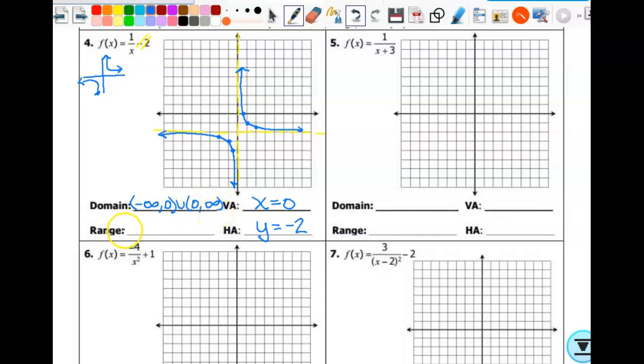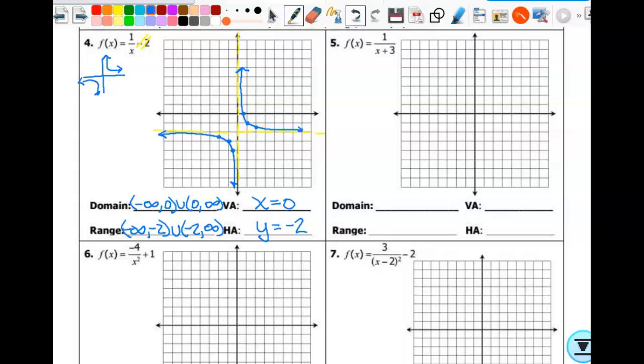The range does change though. I go from -∞ to -2, and then -2 to infinity. What questions you got? And notice how these are related to each other, right? Okay. We good? Any questions?